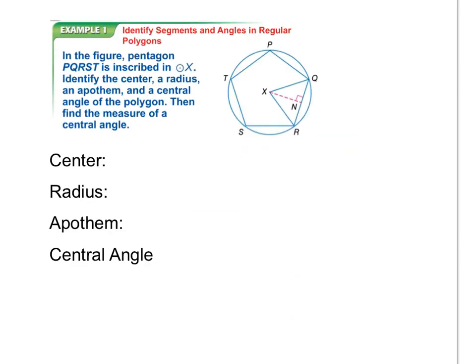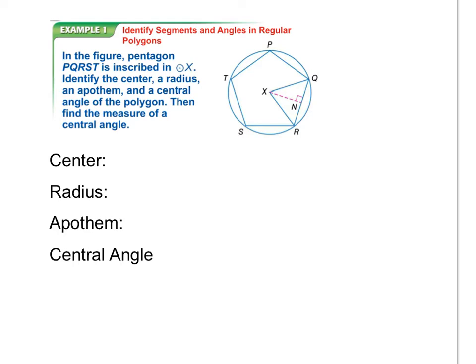A couple more words you need to know. The center of a regular polygon would be the center of a circle that's circumscribed about the polygon. So this is a regular pentagon because I have 5 sides. This circle right here, centered at X, is circumscribed about my regular pentagon.